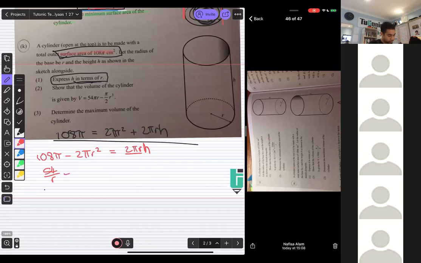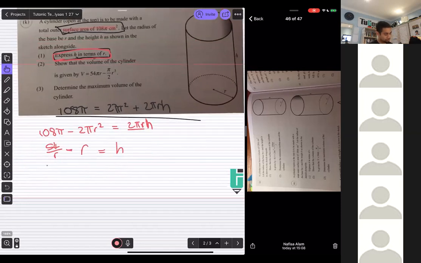So it becomes minus, the 2 pi r will cancel, and the answer equals h. So now you've expressed h in terms of r. You see that? Yeah. So now they want the volume. So what's the equation for volume?